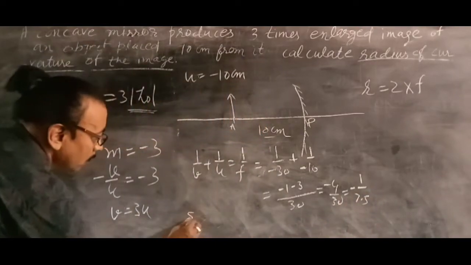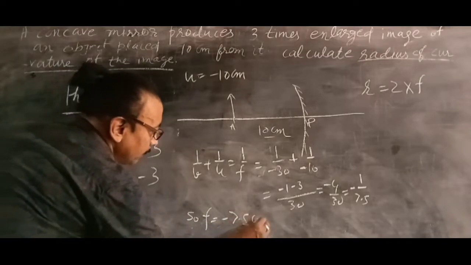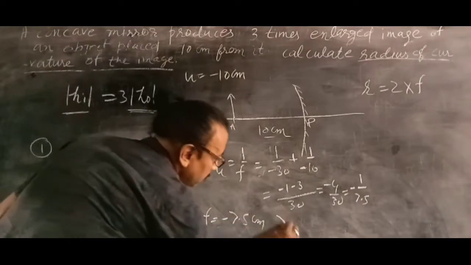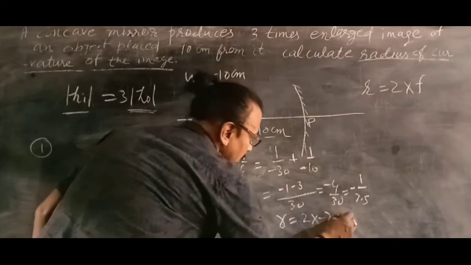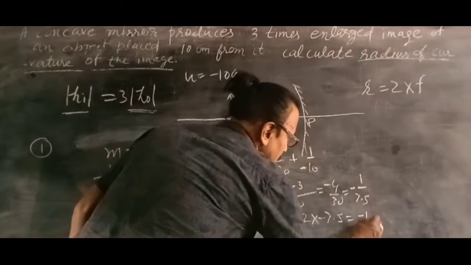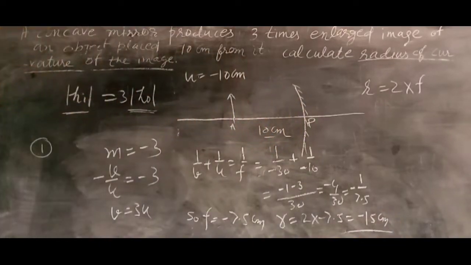So focal length f equal to minus 7.5 centimeter, that is radius of curvature r equal to 2 into minus 7.5, that is equal to minus 15 centimeter. That's all to the question.